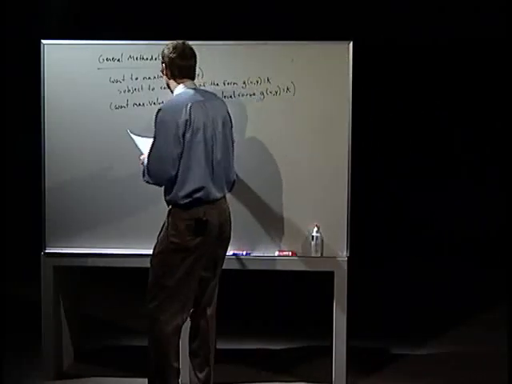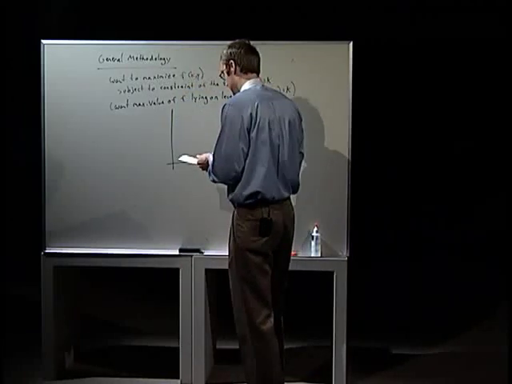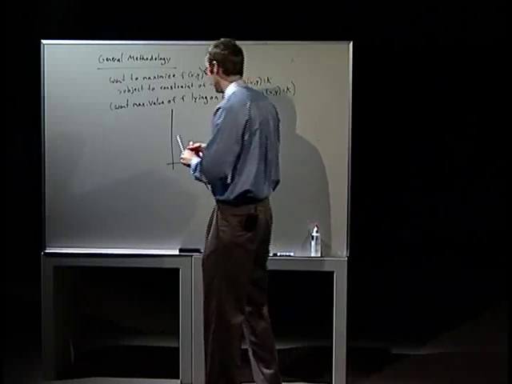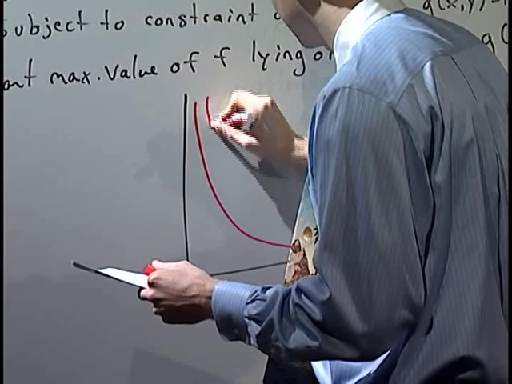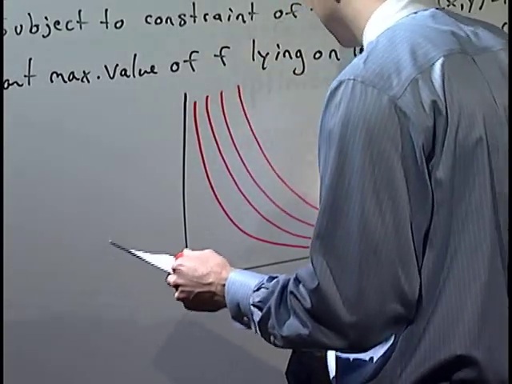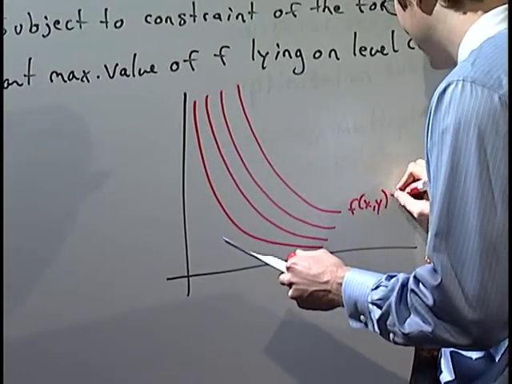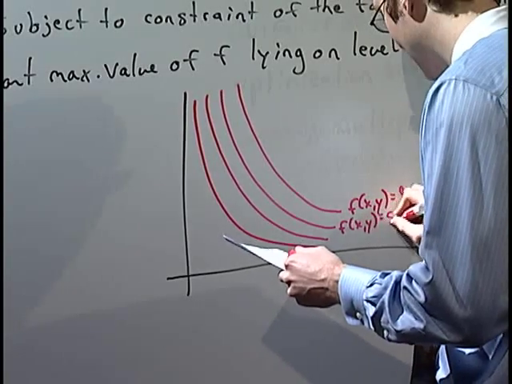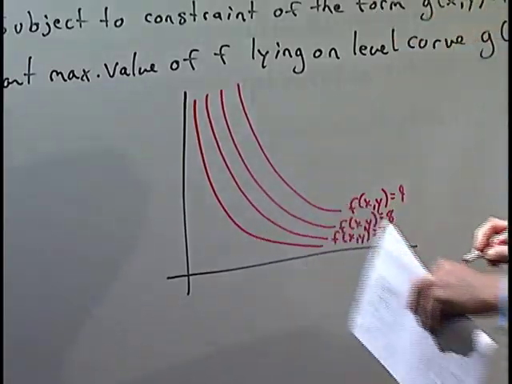Okay, so a picture. All right. Let's use multimedia here. So let's draw some level curves of f. Maybe there's f of x, y equals 9, and f of x, y equals 8, and f of x, y equals 7, and so on and so forth.